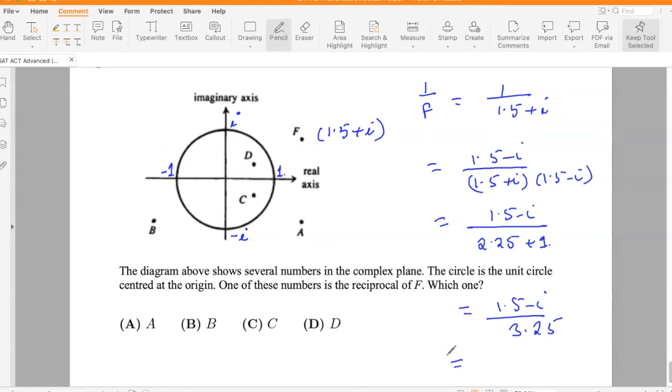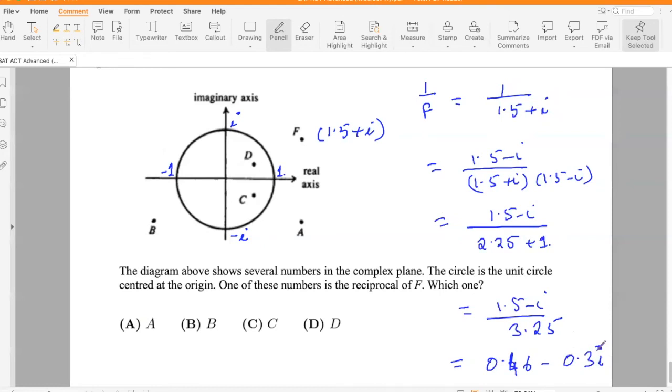So if I plug that in the calculator, I will have 1.5 divided by 3.25. So that's 0.46. And I would have 1 divided by 3.25. So that's 0.3. So I have 0.46 minus 0.3i.